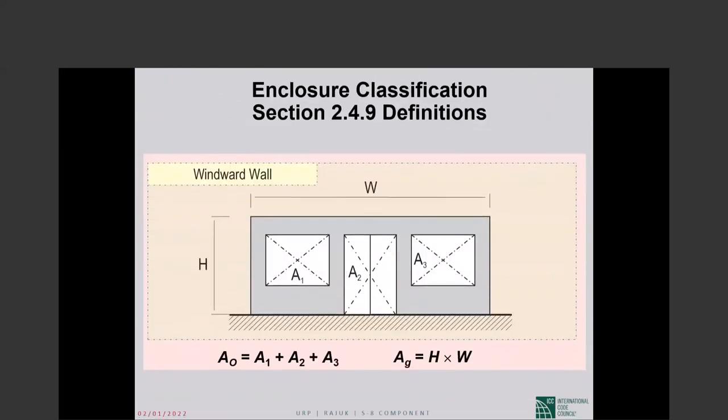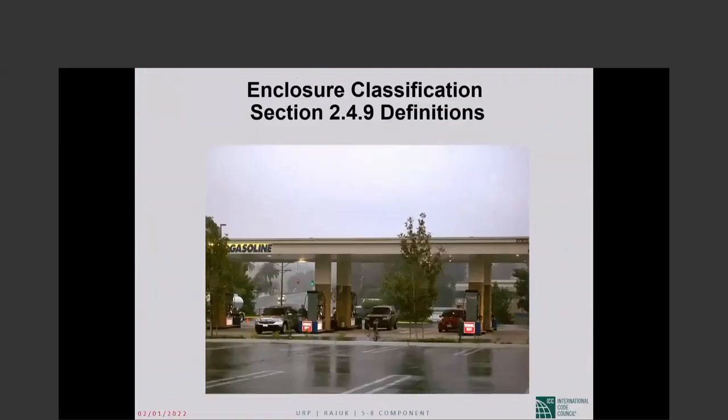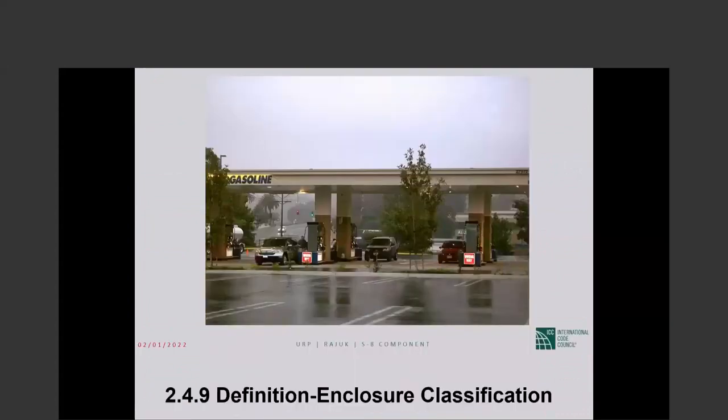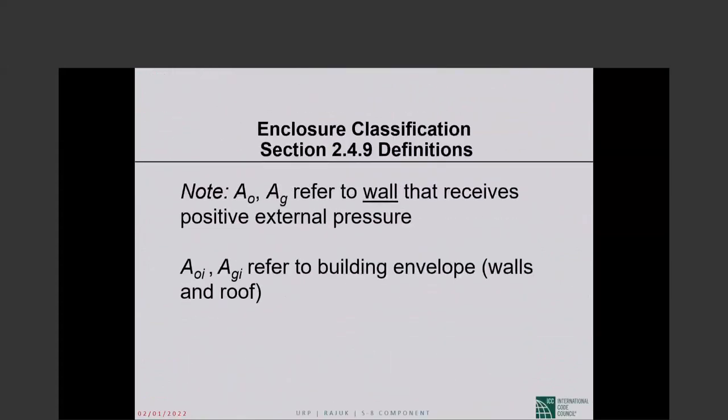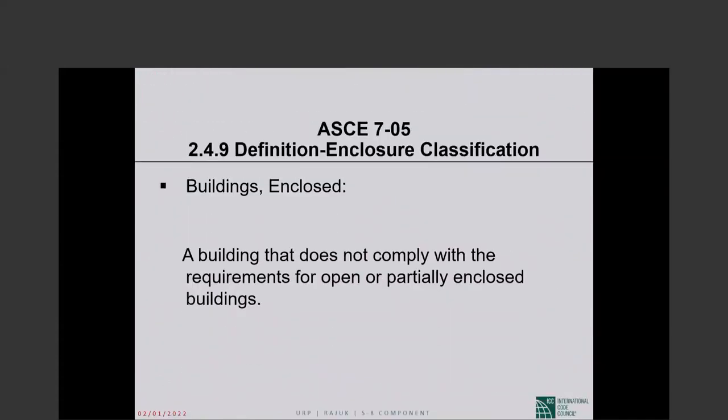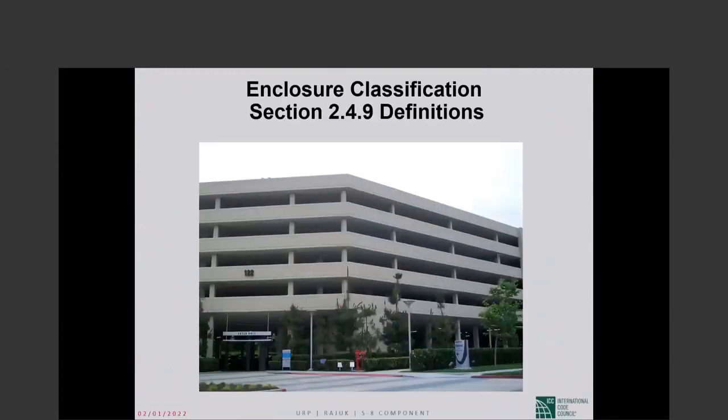So this is an open building, a typical open building. You see, it's not a building, but this is an open building by ASCE 7 definition, and this is an enclosed building by ASCE 7 definition. I absolutely want you to see both pictures.